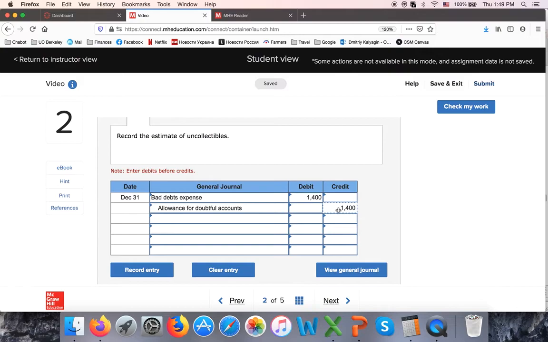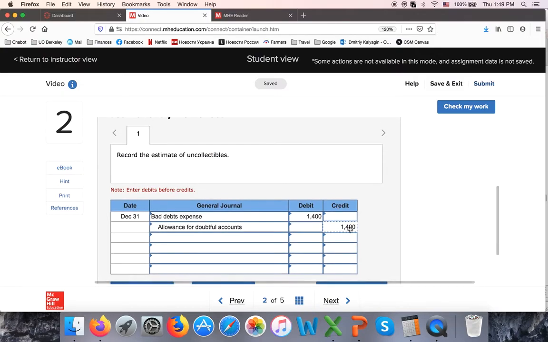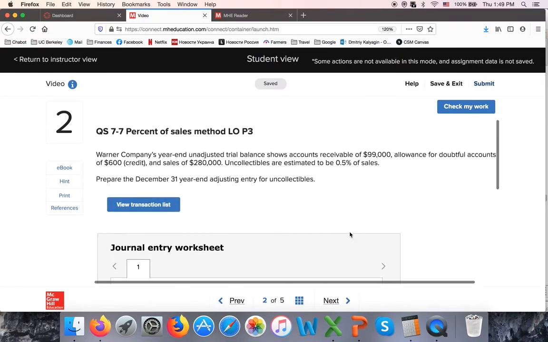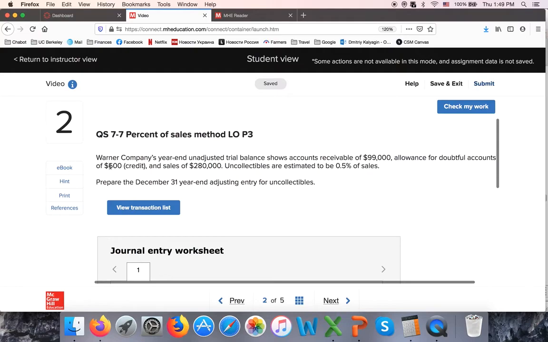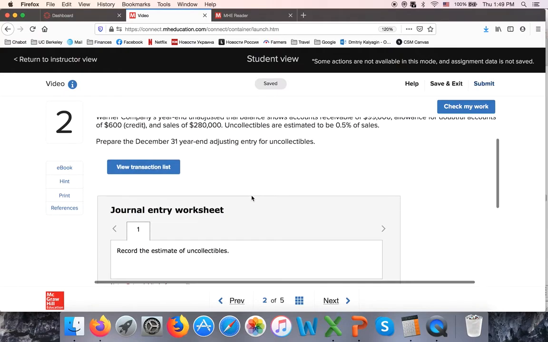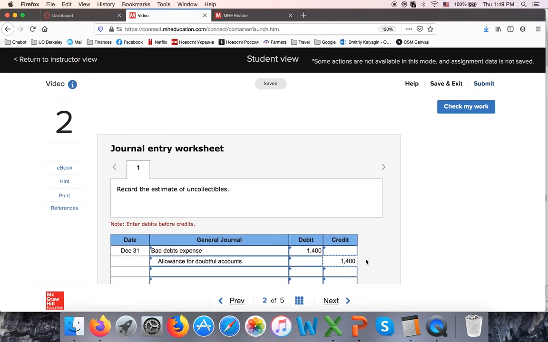Guys, percent of sales is easier, but as you see, in reality, what is your ADA going to be? I adjusted it by 1,400, I ignored the beginning balance, so now my balance is actually 2,000, right? So this method is easier, percent of sales, but it's not as specific as the percent of receivables.